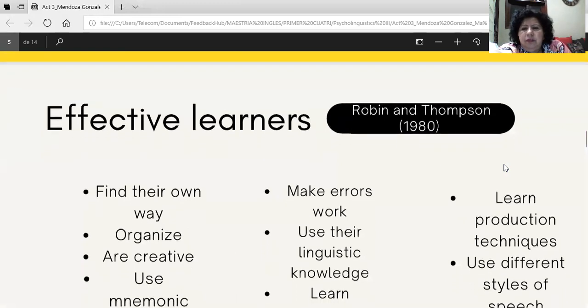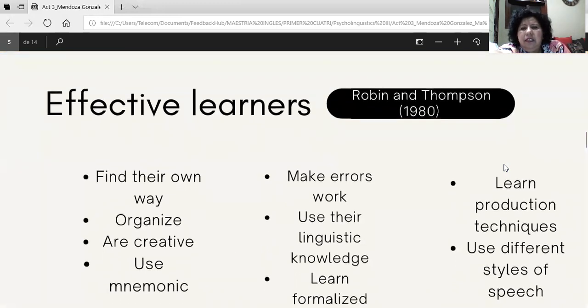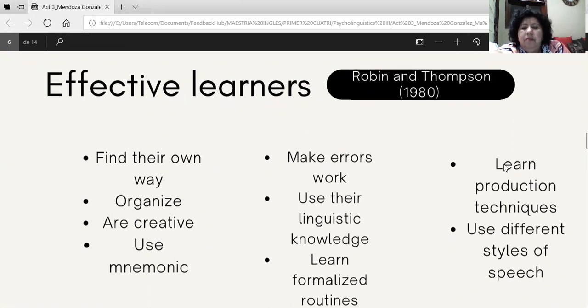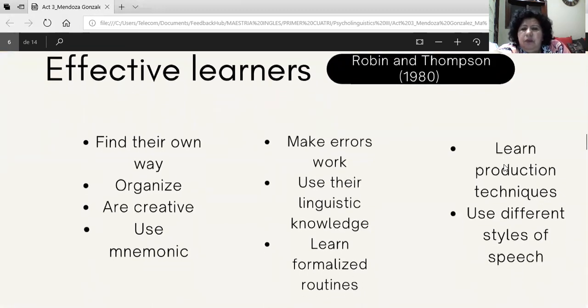Then Rubin and Thompson state that effective learners find their own way, organize, are creative, use mnemonics, make errors work, use their linguistic knowledge, learn formalized routines, learn production techniques, and use different styles of speech.